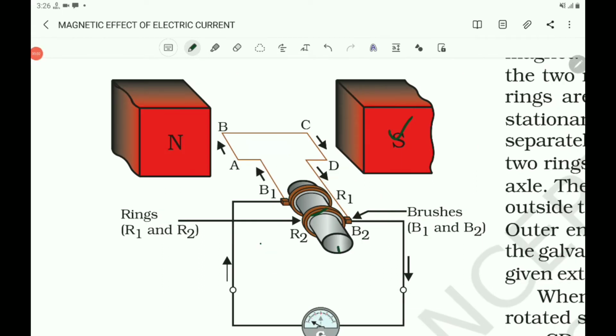When the axle is made to rotate by using some external source of energy, the axle attached to the two rings is rotated such that the arm AB moves up. Here, the rectangular coil which is attached to the axle rotates and the arm AB moves up and the arm CD moves down.